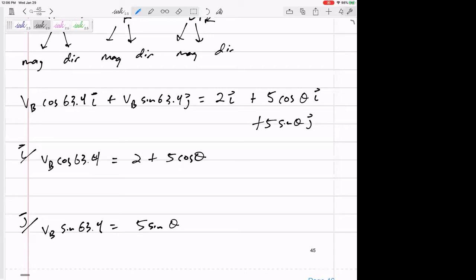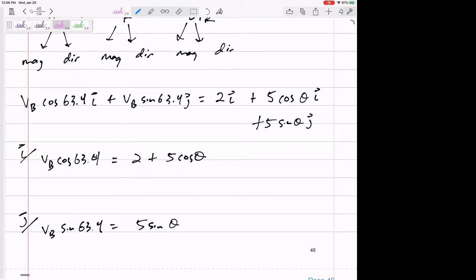Now sometimes, especially if we didn't have that 2, we could solve this, and you know that a sine over a cosine is a tangent. That's the only thing you have to know if there wasn't a 2 right there. I'd expect you to be able to handle a problem like this. If there was no constant, you would just write one in terms of the other, and eventually you'd have a sine over cosine equal to a tangent.